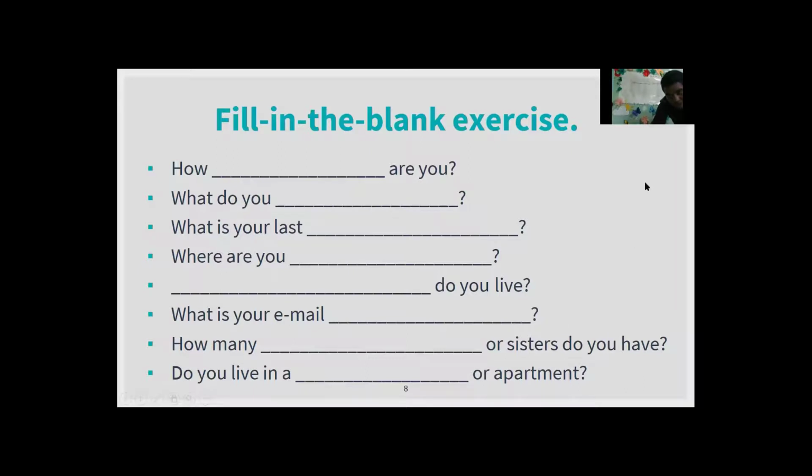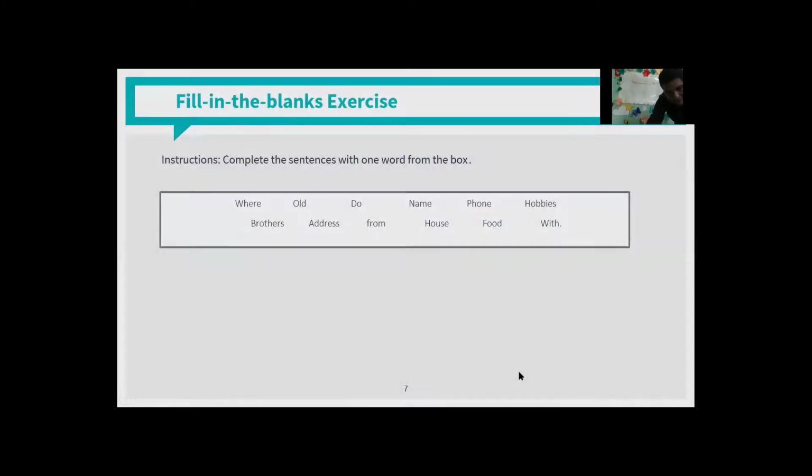Now we are going to look for the one word that appears in the box. We have different words. We need to identify which word can fit perfectly in this question. How are you?